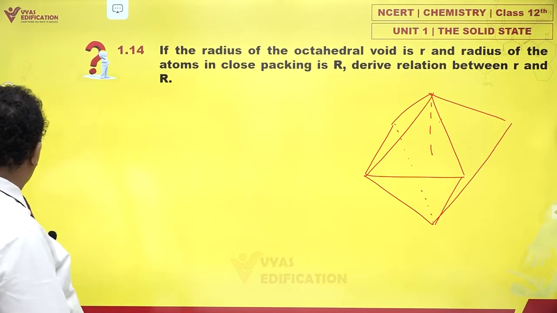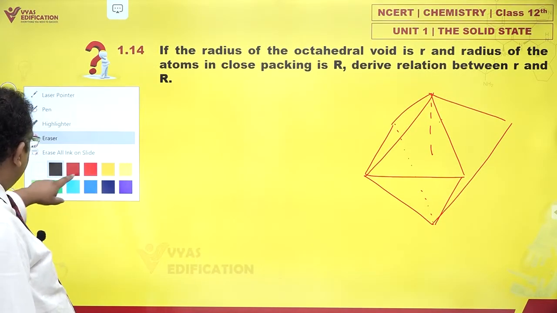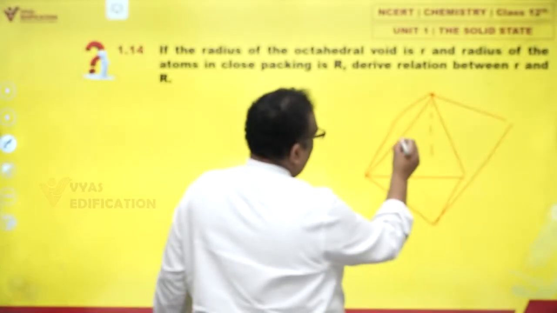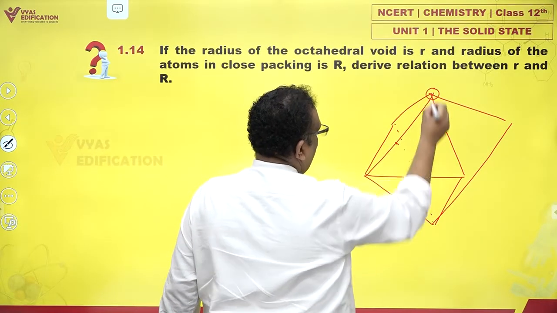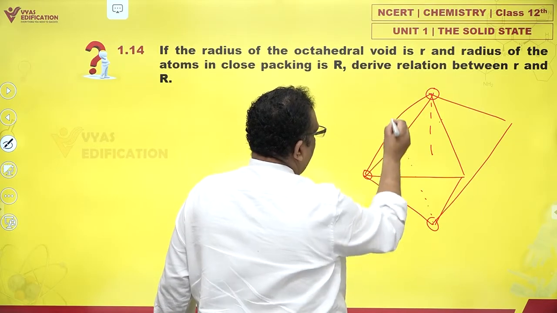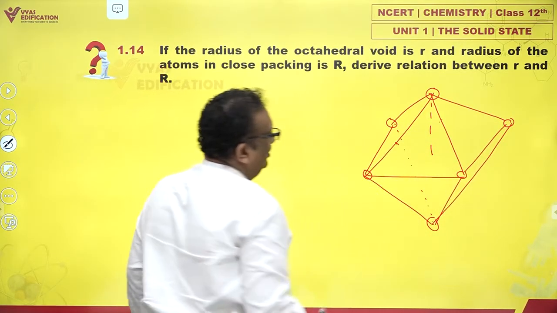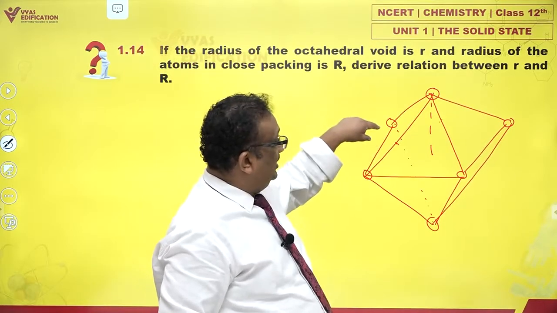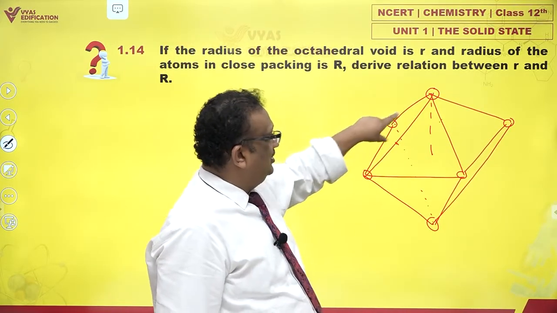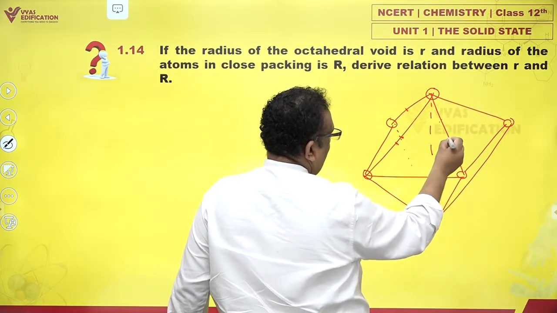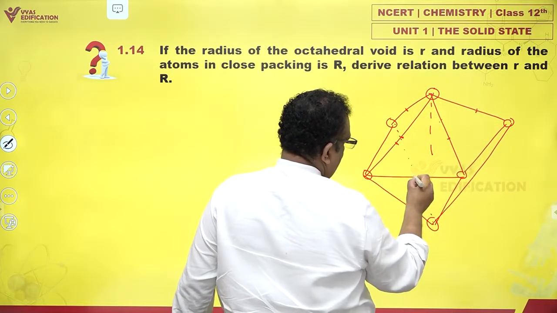But once we do that, whatever is obtained in the middle, see, this octahedron is formed because there are atoms here. I'm deliberately drawing them very small, but actually they would be much huger. How huge would they be? They would be so huge that they touch each other. Where do they touch? They touch here, like this.